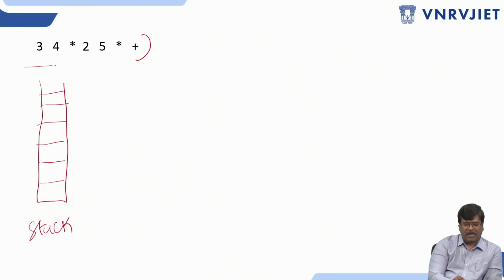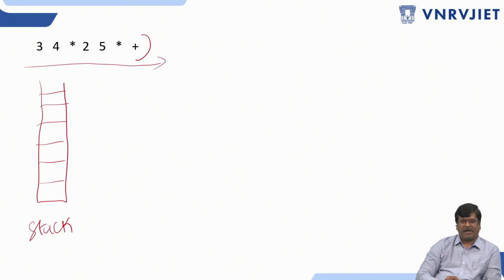Now I am going to evaluate this postfix expression from left to right, and whenever I find an operand, so yes, I got 3, I push that operand into the stack. Next 4, so it is an operand, push it there. Now we are getting an operator. To evaluate that multiplication operator, I need to pop out 2 values from the stack.